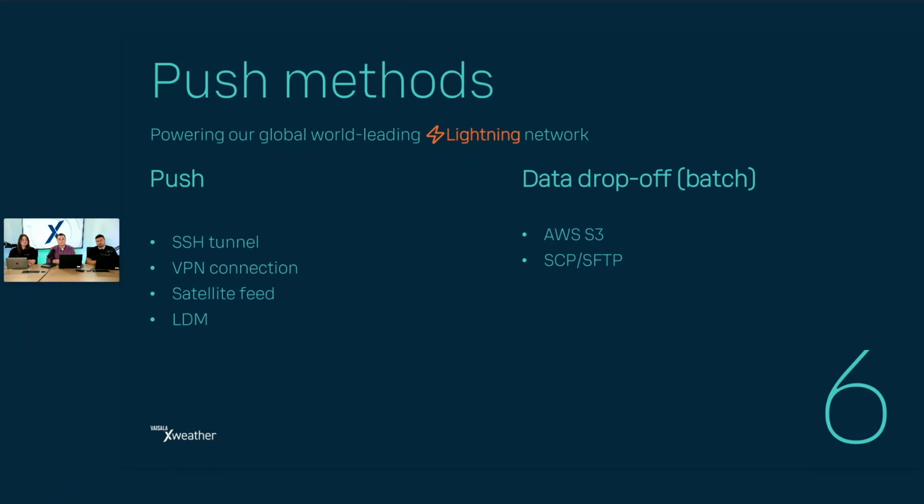That's where a server will actually connect to one of our data servers. That could be an SSH tunnel or an actual VPN into the network, and then you make a data feed connection. Other times we'll do a satellite feed in very specific instances. That's a pretty niche, cool solution if you can't rely on the wide area network. Otherwise, there's LDM as well.